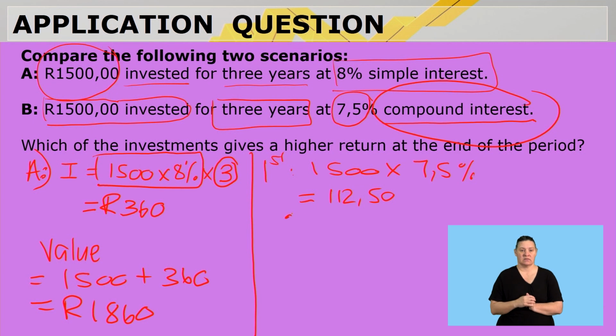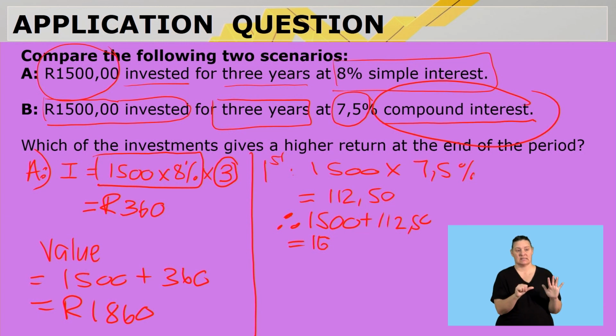So at the end of our first year, it's 1,500 plus the 112.50 Rand. So going into our second year, we've got 1,612.50 Rand.